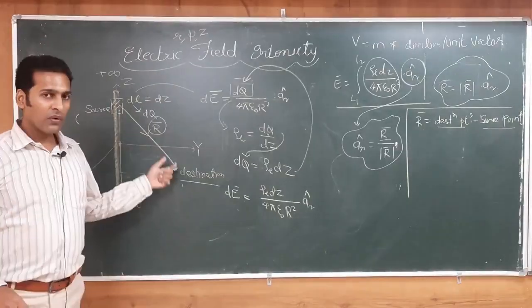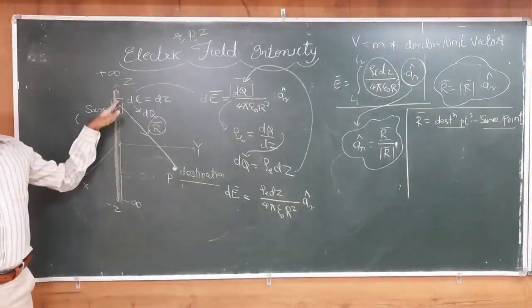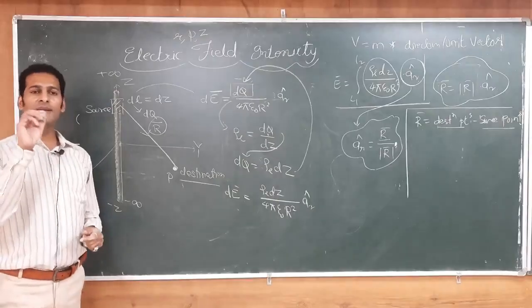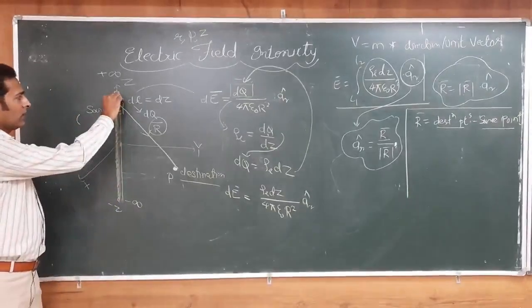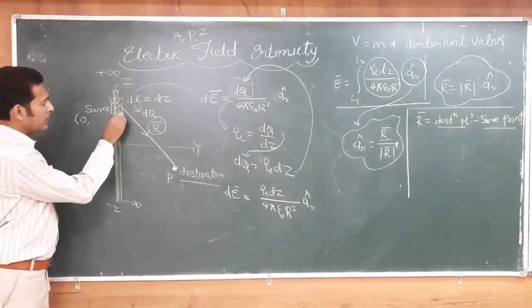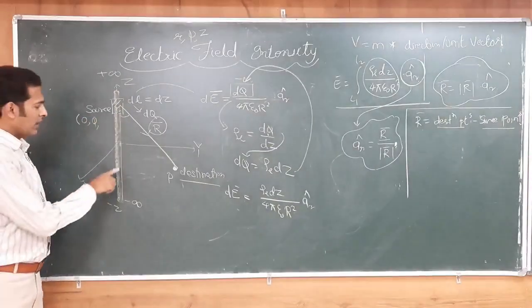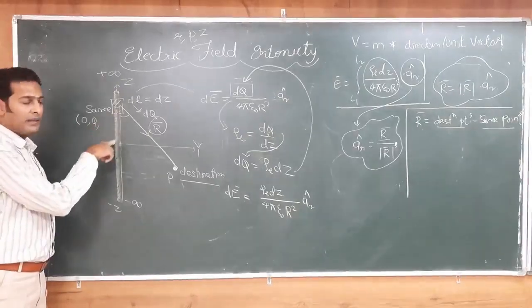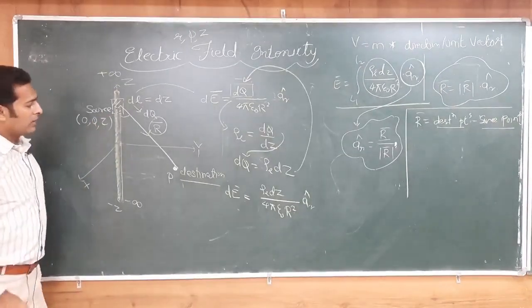So we want to calculate R bar. The source points are on the z axis, where the radius is 0. We are starting on the line, so this is the place where the radius is 0. There is some angle phi, we will consider phi, and of course there is height z. So the source point will be (0, phi, z).